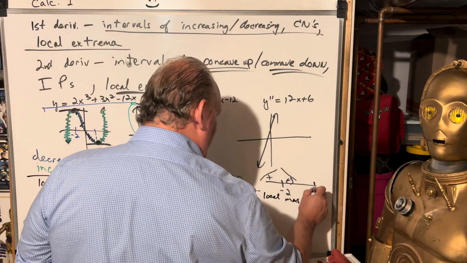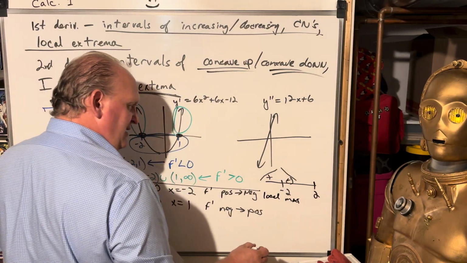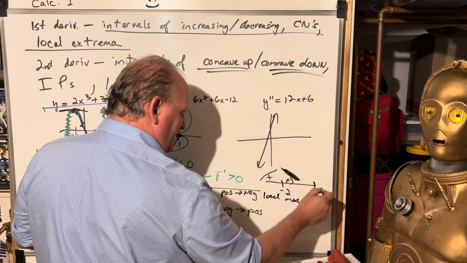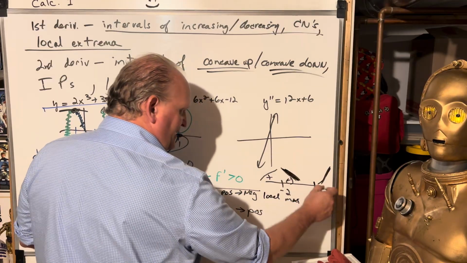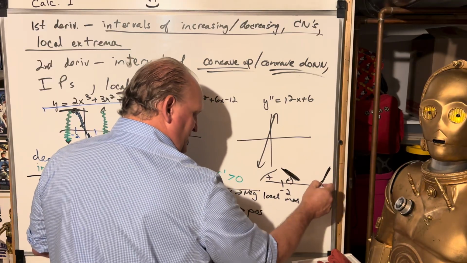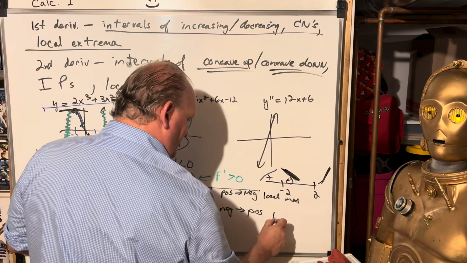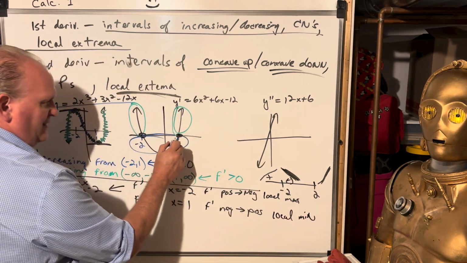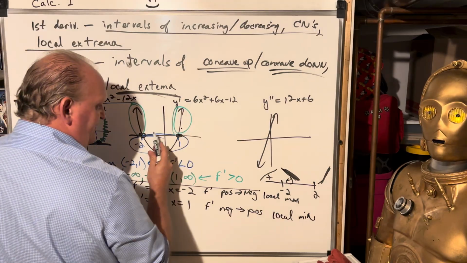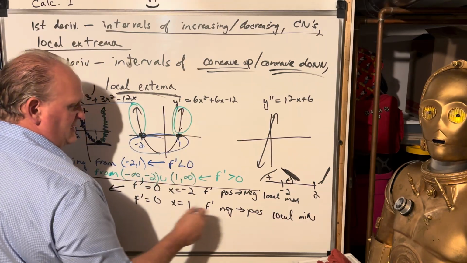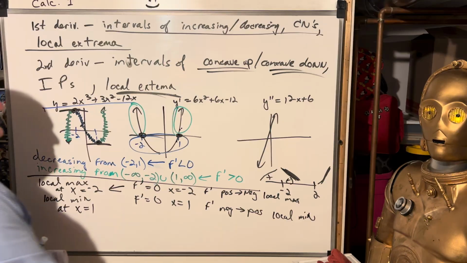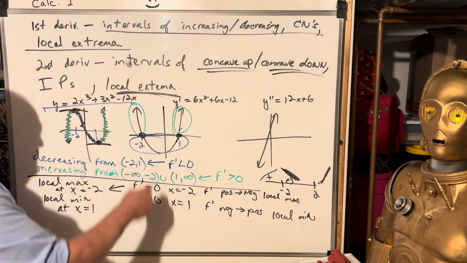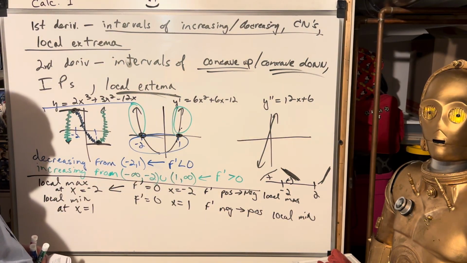From negative to positive, you could kind of see it's a low point, a local min. So it does matter, the transitioning as you go from left to right. It's just easier to see on our number line than it is on the actual graph, I think.